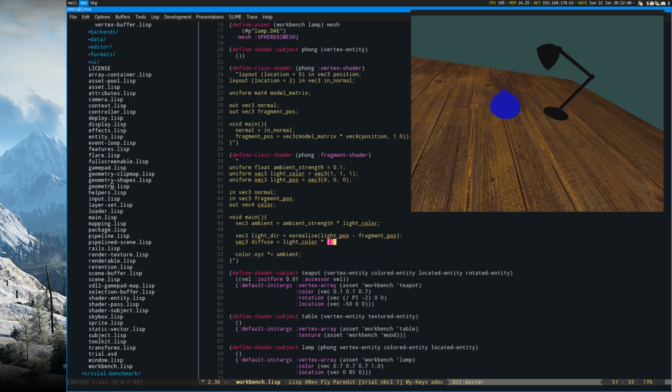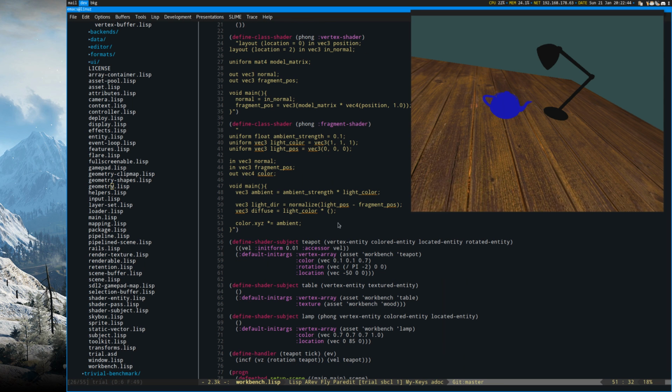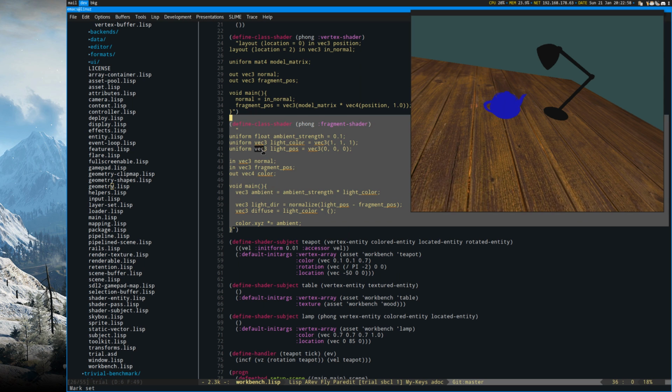If you've ever watched one of Bagger's streams, then you might know that he's working with Keppel and Vario and stuff, and he's working in stuff that looks like Common Lisp, while I'm working with just strings right now that describe GLSL code.